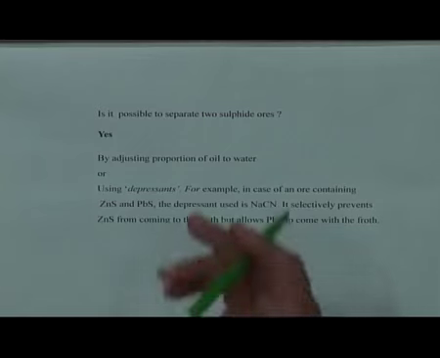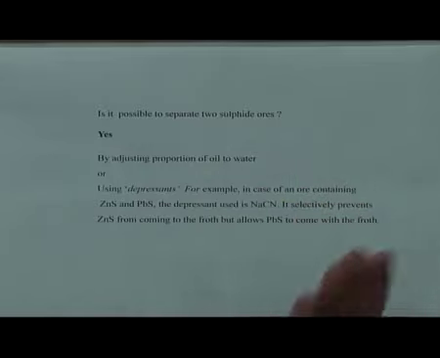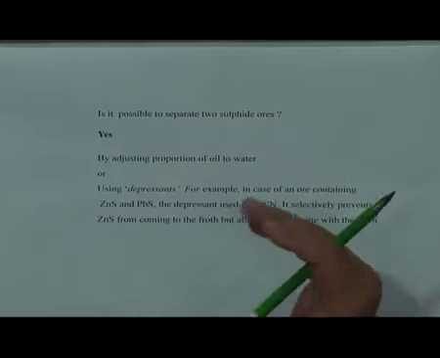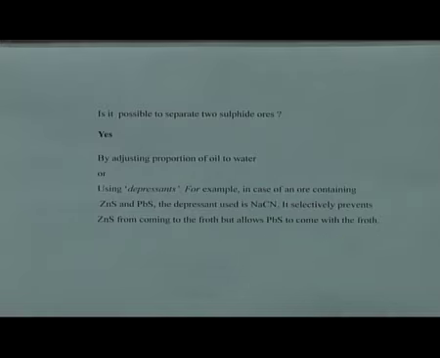A question can be asked: is it possible to separate two sulphide ores? This is a very valid question, because in a sulphide ore not only one metal will be there, there will be other metals. So, contamination of another metal will always be present if a sulphide ore has been concentrated with the help of froth flotation.